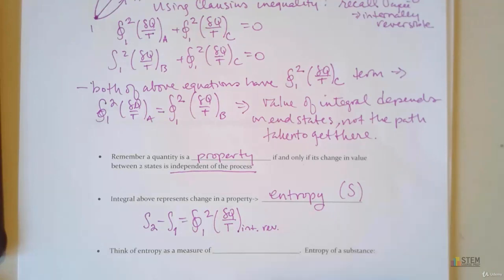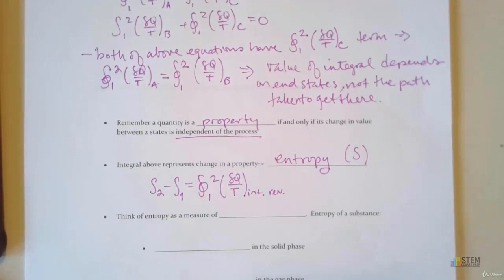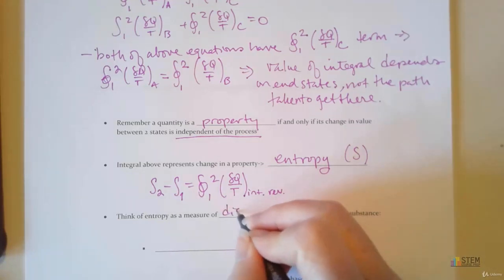Now, what we're going to do, we need to figure out what this really means, right? Because looking at this doesn't really help you know what it is. So the way that a lot of people describe entropy, which if you go online and you Google what is entropy, you'll see all sorts of arguments about what is entropy, what it's not. A lot of people introduce this as entropy being a measure of disorder in your system.